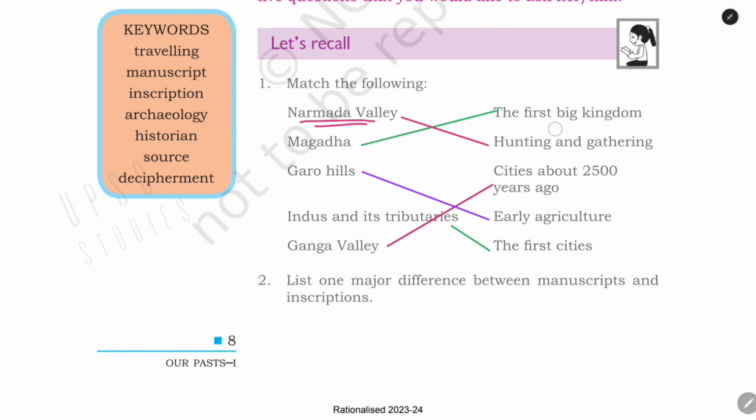It is the first big kingdom. Next one, Garo Hills. The early agriculture was started in Garo Hills. Okay. Indus and its tributaries. We know those had the first cities, 4,700 years ago. Right? And the Ganga Valley, the cities there are about 2,500 years ago.